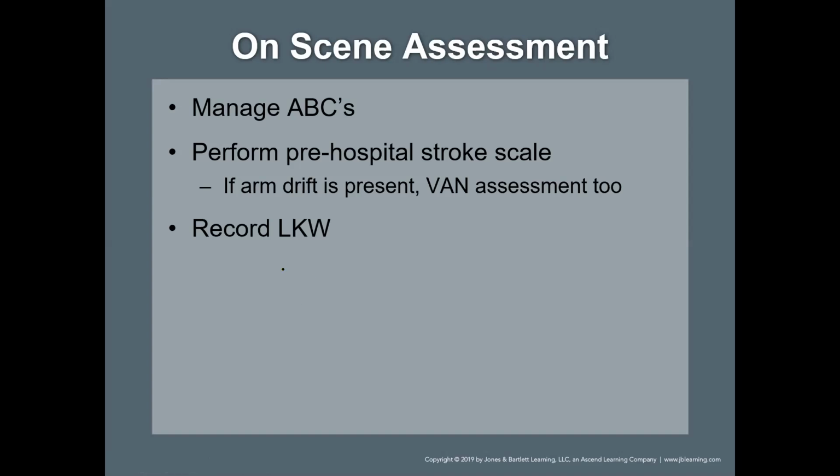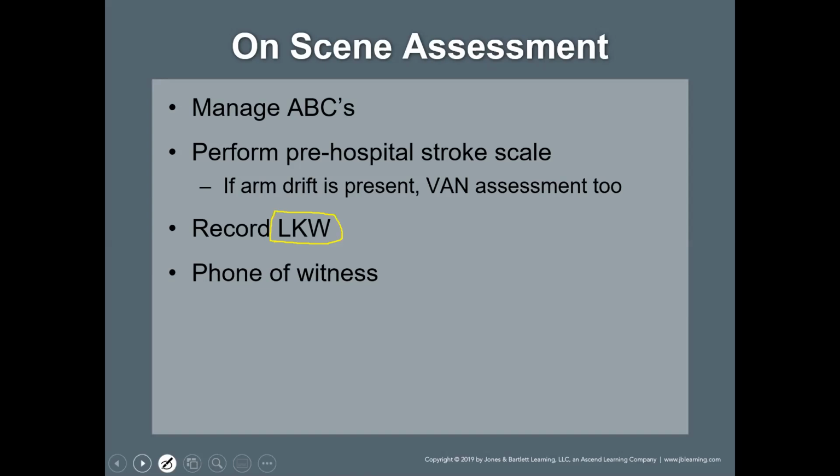That is super, super important, that last known well, because time from onset of last known well is the whole basis of where I transport them to. I'm going to get the phone number of the person who saw them last known well and who can describe these symptoms, hopefully, to the doctor.